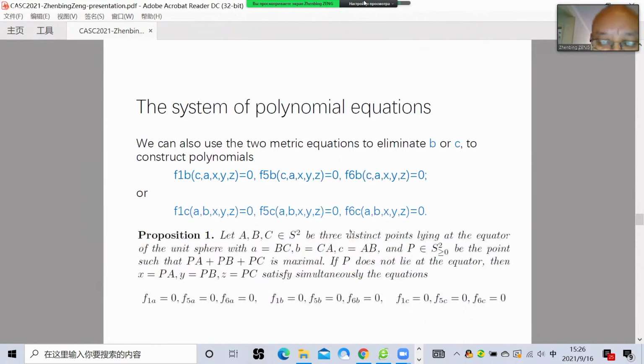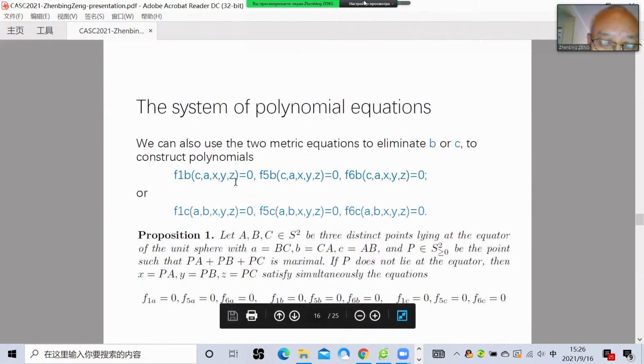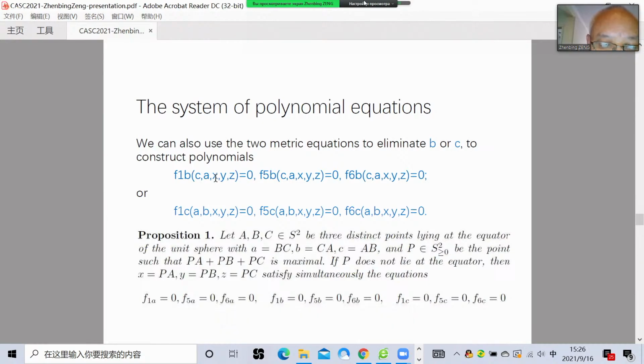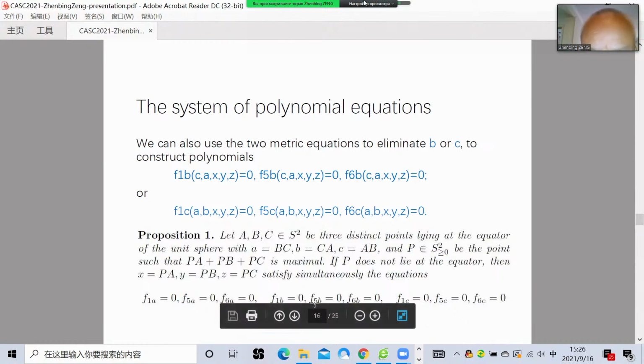This page will show some strategies for solving the equations. Before this, we eliminate a from the condition. Now we can also eliminate b and c from that equation. So we will get 9 polynomial equations here.